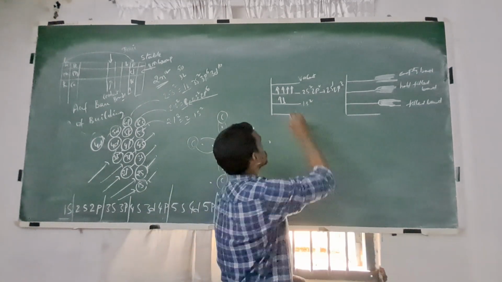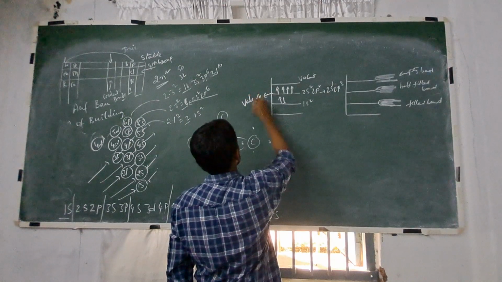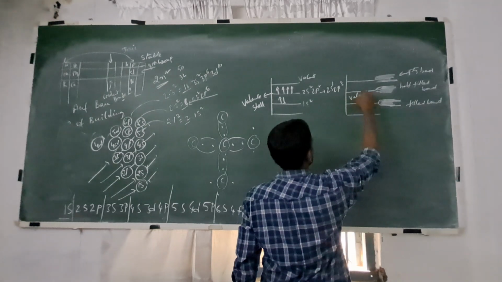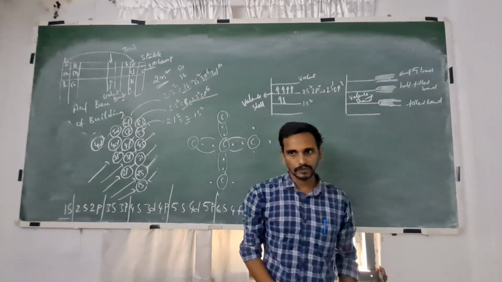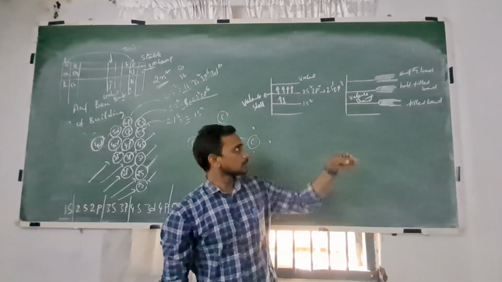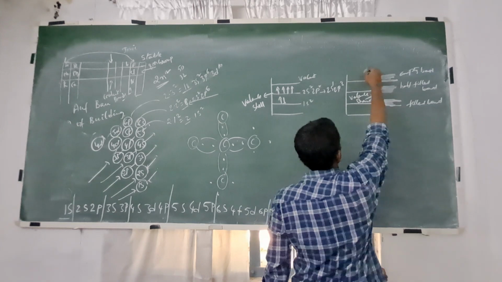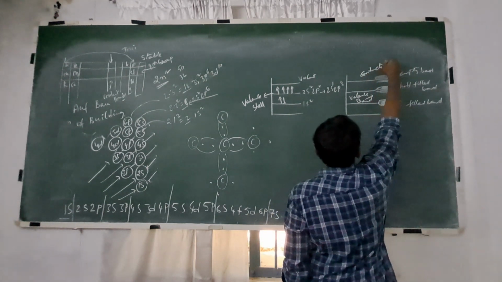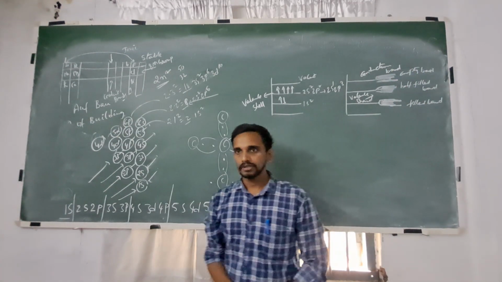So now, since this is called valence shell, this is called a valence band. And the corresponding next level is conduction band, the lowest unfilled band. Right?